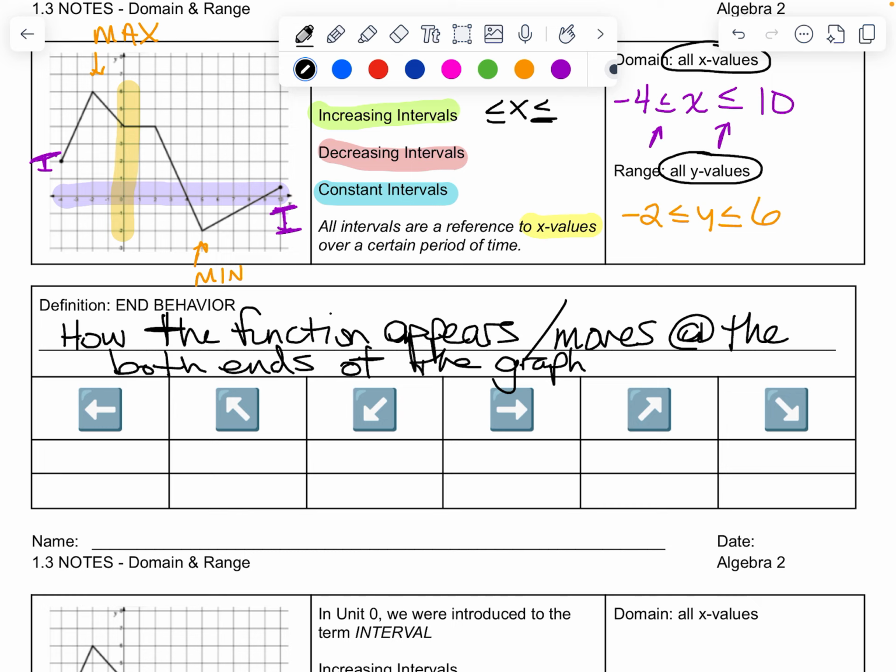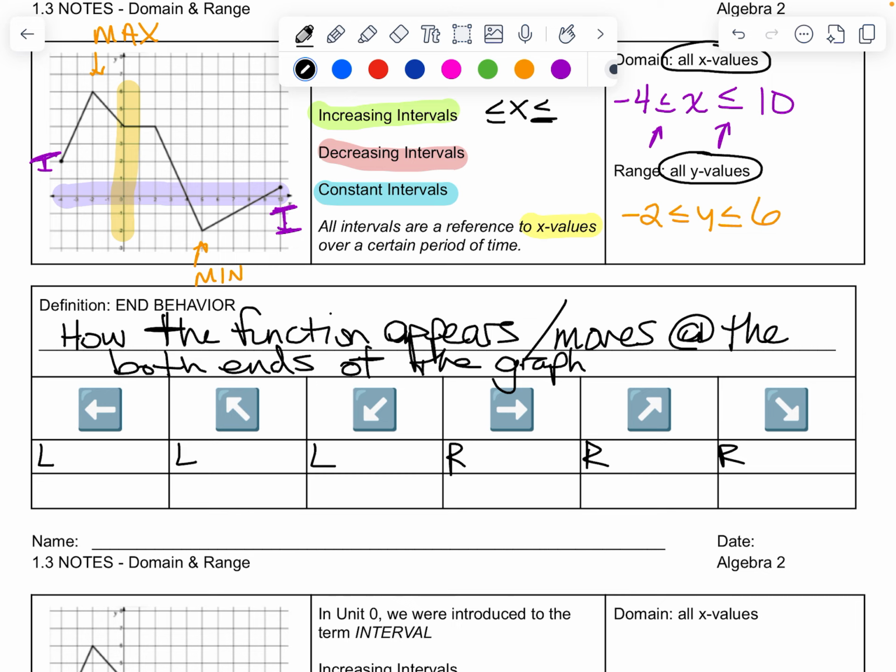So for instance, this arrow right here is pointing to the left, and this arrow is pointing to the left, and this arrow is also pointing to the left. Certainly they don't appear the same, but they're all pointing to the left. And then the other ones, this one's to the right, this one's pointing to the right, and this one's pointing to the right.